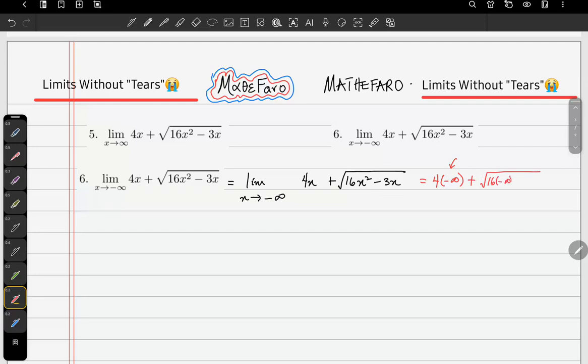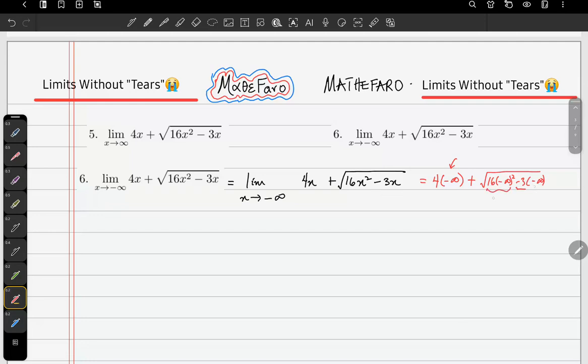Anyway, then we also have plus square root of, so in this case you have 16 times negative infinity squared in quote minus 3 times negative infinity. Because you are squaring a negative number, and I'm saying again in quote, negative infinity is not a number, but as you are approaching negative infinity, you have a very negatively big number. So when you square it, you get a positively big number. And when you multiply negative 3 by that same negatively big number, you also get positively big.